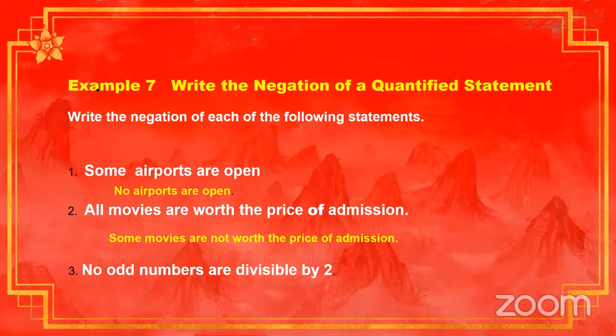Okay, very good. That's correct. The answer is some odd numbers are divisible by 2. Take note, the universal quantifier given here is the word no, so the equivalent negation is some. That's correct.